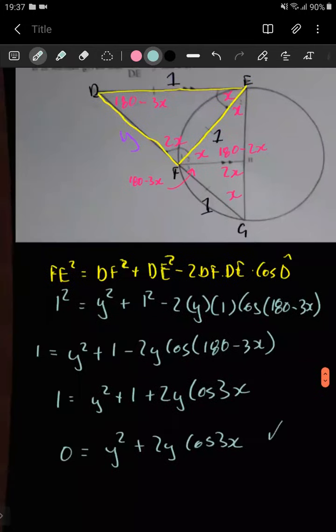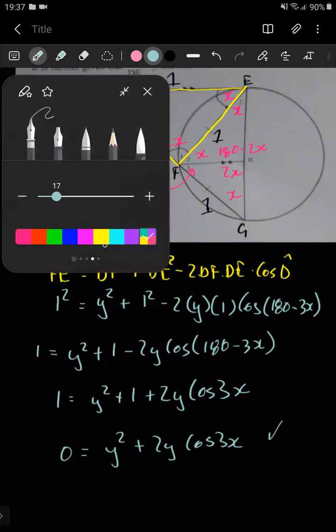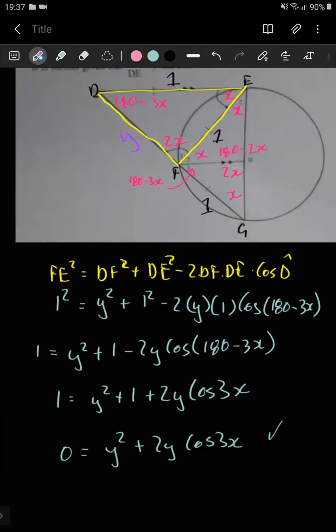Another equation that we can have that has x and y. Let's try and use the sine rule. In one of these triangles, let's say this angle and this side, and then this angle and this side.